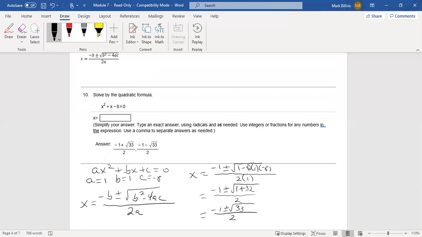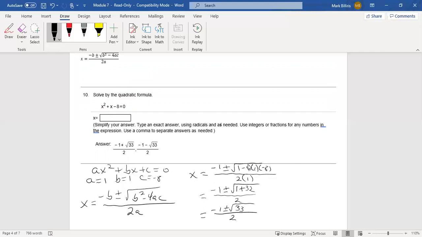Now, what I do next is I see if I can simplify 33. The square root of 33 does not have any perfect square factors, so that cannot be simplified. I also look to see if I can reduce the fraction.